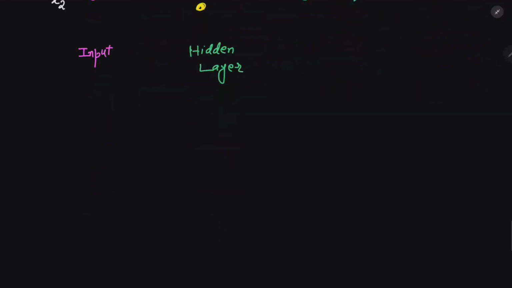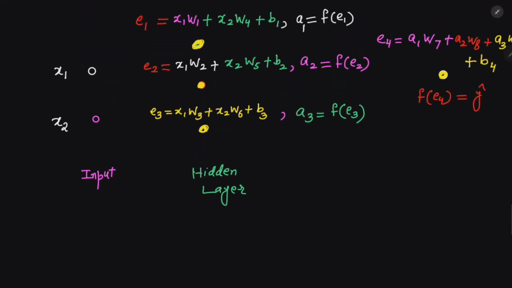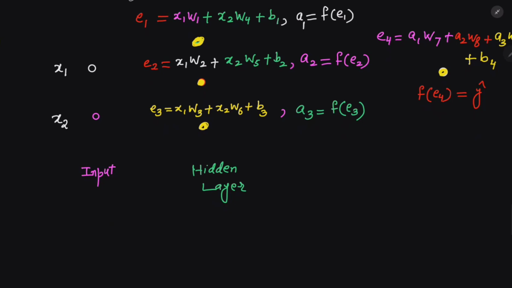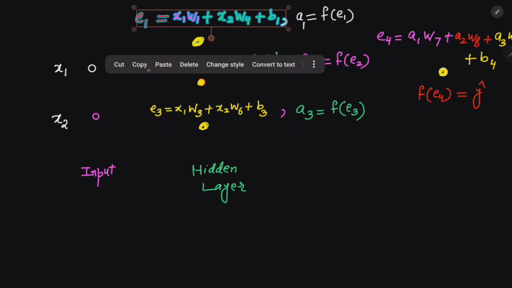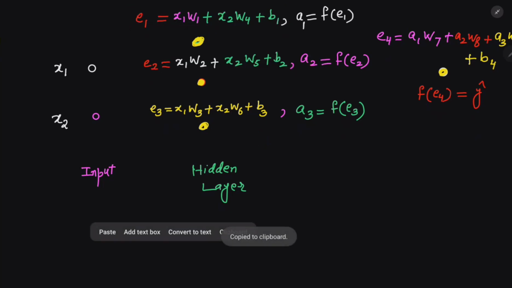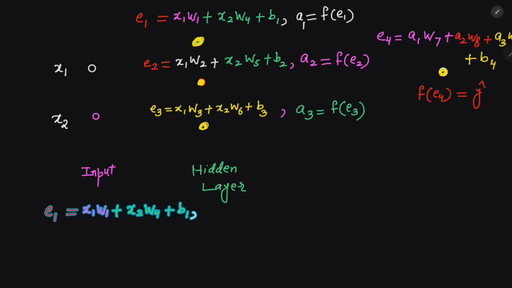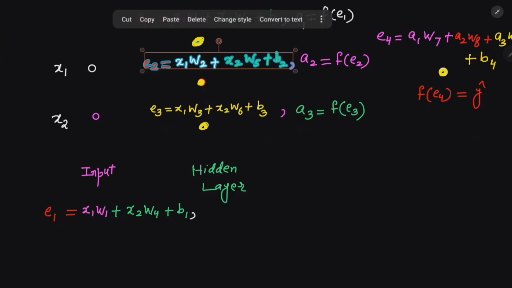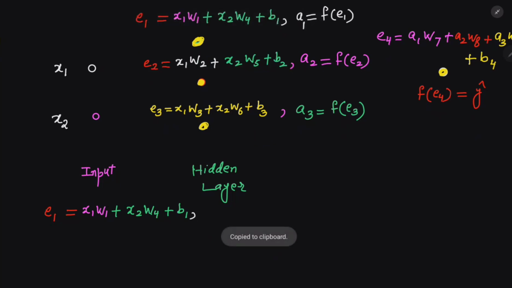So quickly, I write this in mathematics. E1 will be equal to this term over here. This is E1. Then we have E2 over here. We want to write this as a system of equations, E2.